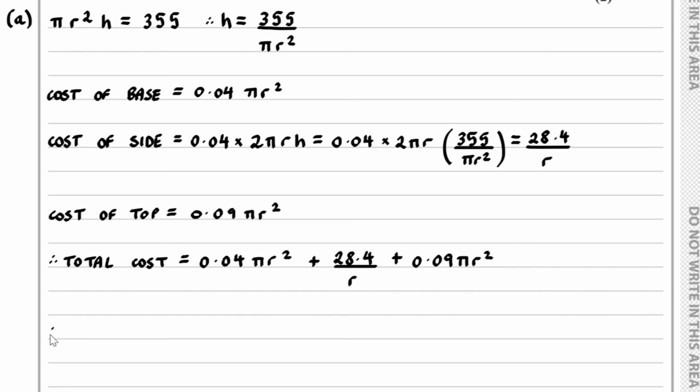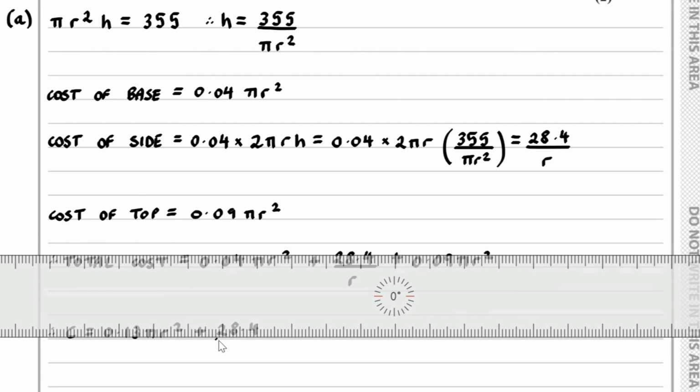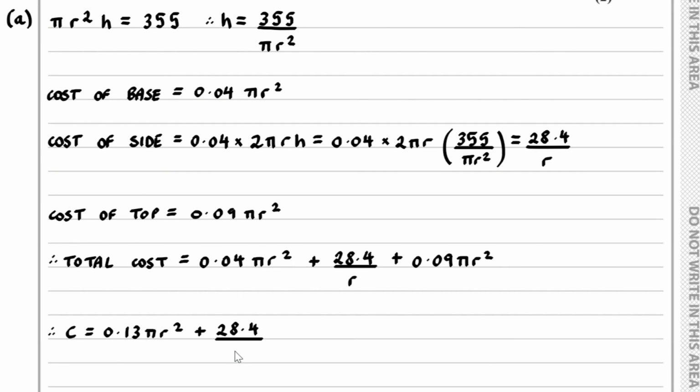And so the total cost C, that's equal to 0.13 pi r squared plus 28.4 over r.